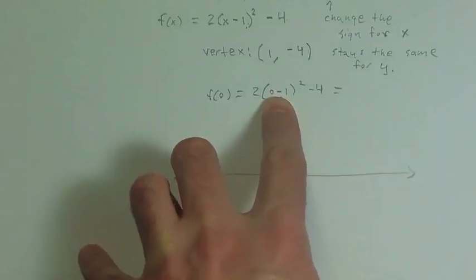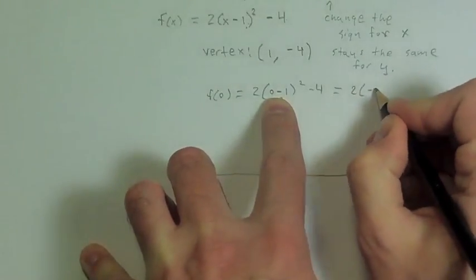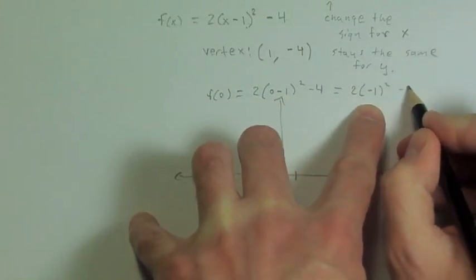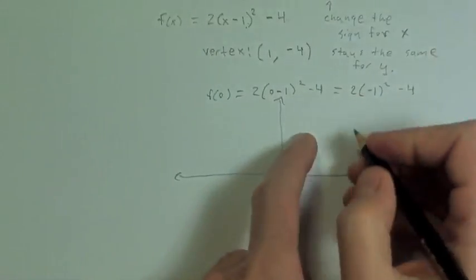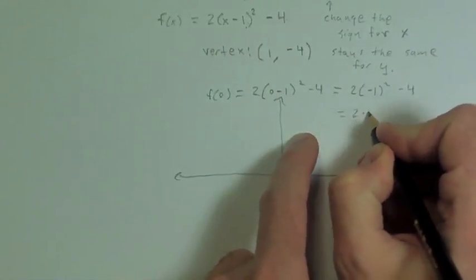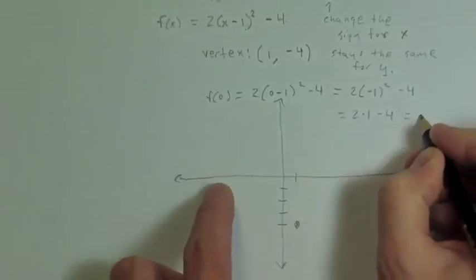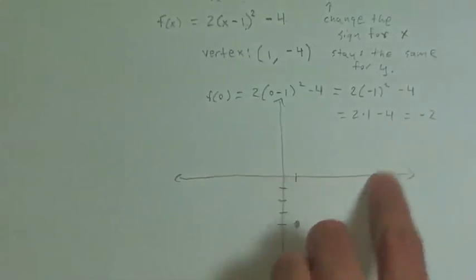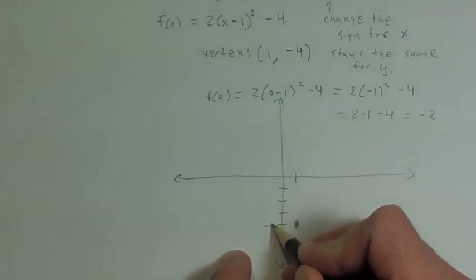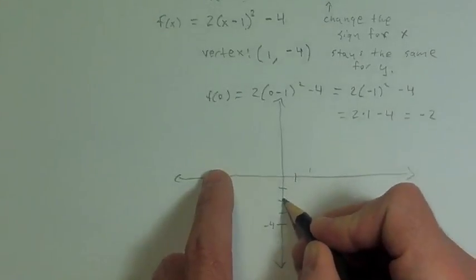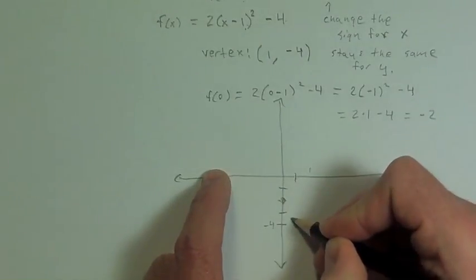Well, 0 minus 1 is negative 1, so I have 2 times negative 1 squared minus 4. Negative 1 squared is 1, so we have 2 times 1 minus 4, which is 2 minus 4, or negative 2. So here's negative 4, here's 1, and negative 2 is here.